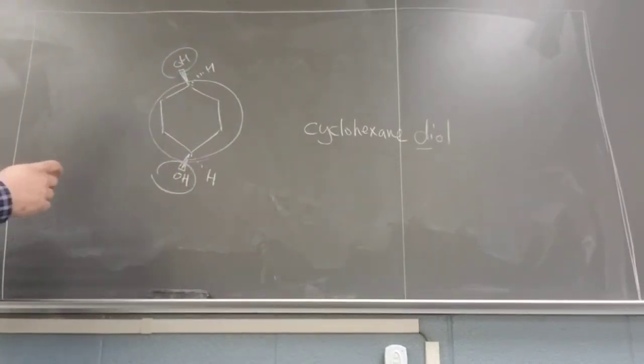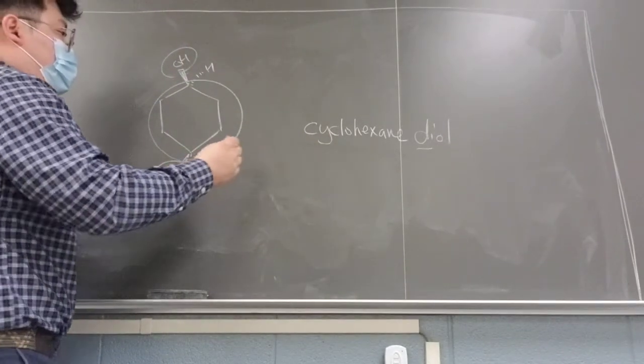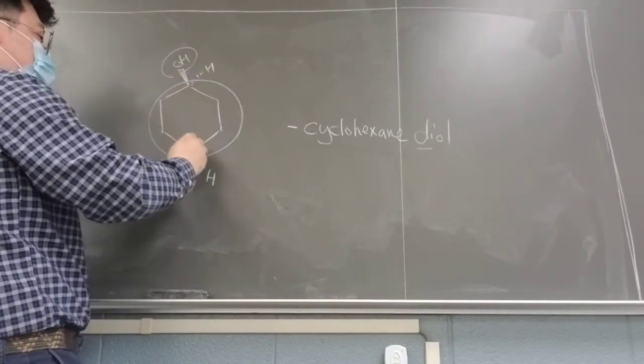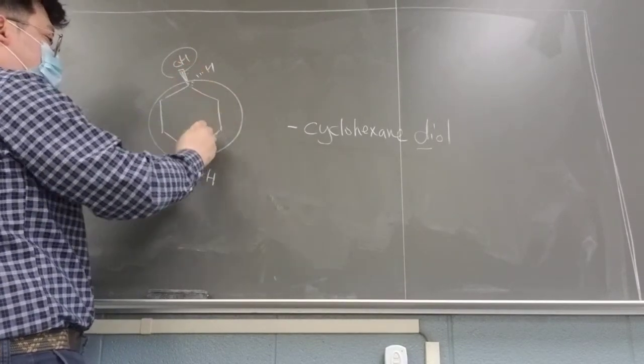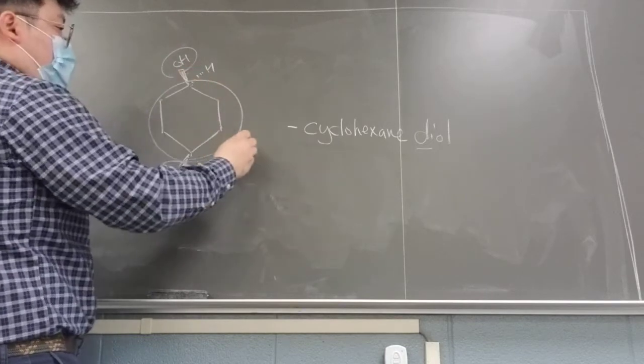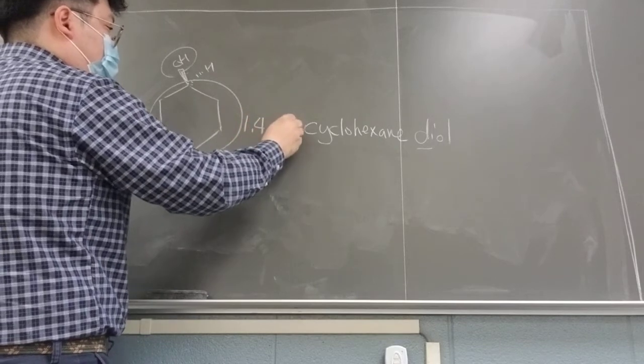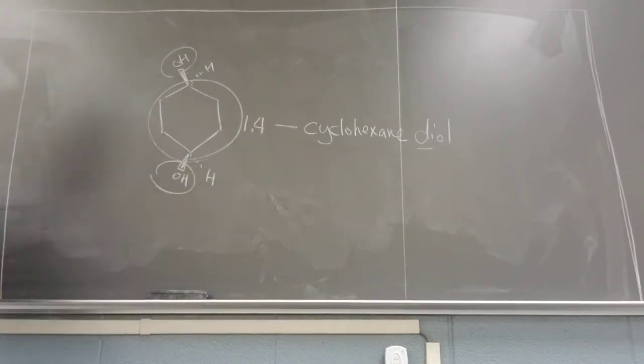Okay, and then you just need to locate them. You can either count from this one here or here, it could be 1, 2, 3, 4, or 1, 2, 3, 4. So you can say 1 and 4 cyclohexane diol over here. There's one more thing that I want you to remember.